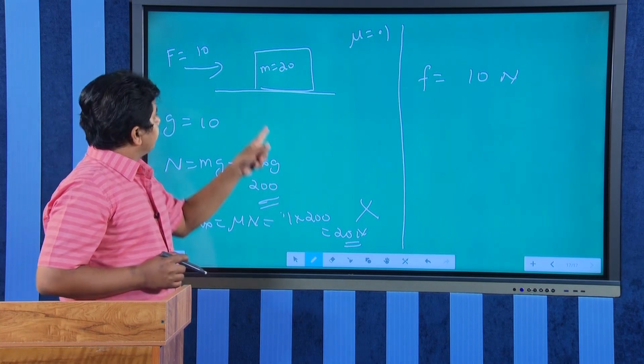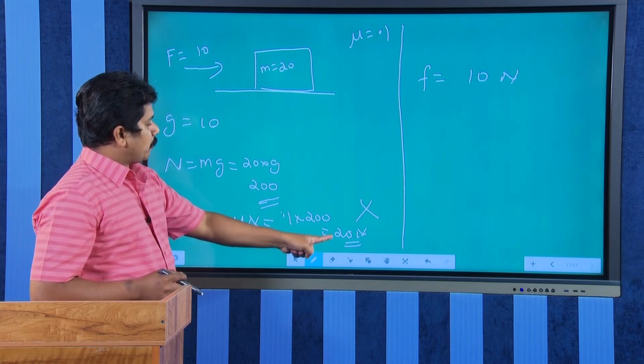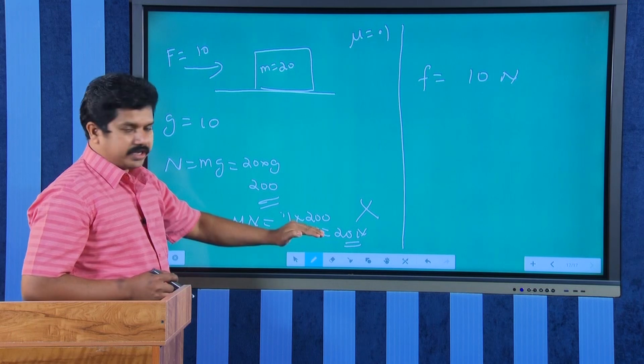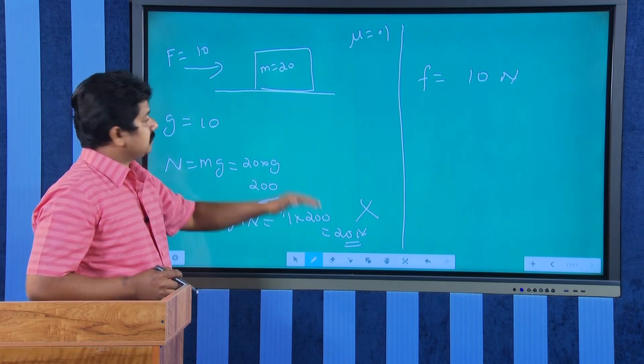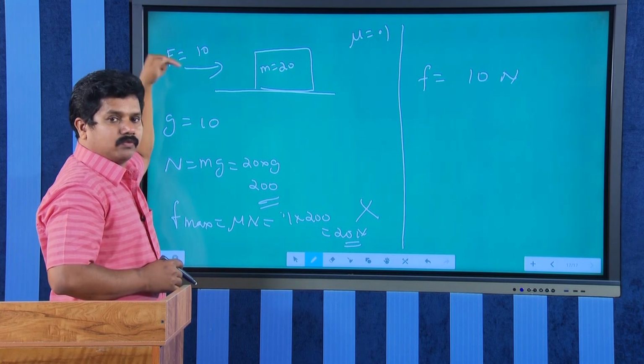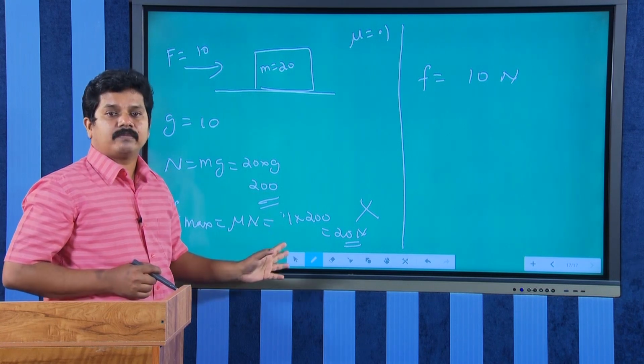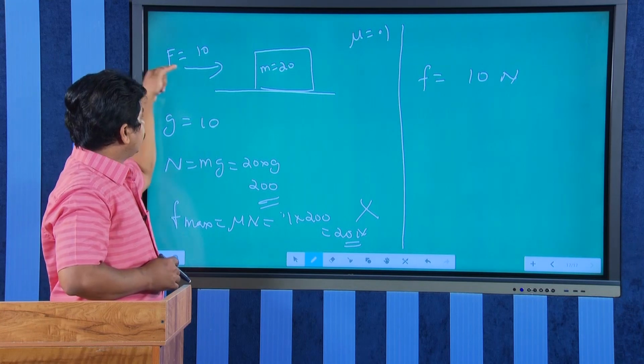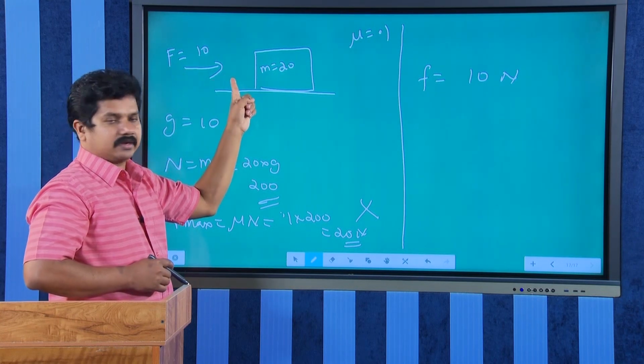So, here the maximum possible value is 20. It means up to 20 Newton of applied force there will not be any motion. If the applied force is 1 Newton, frictional force will be 1, no motion.